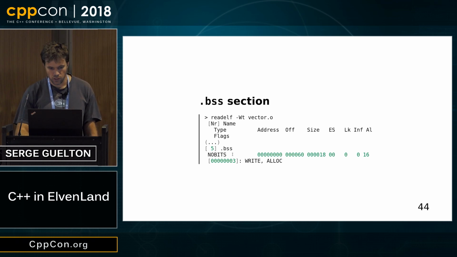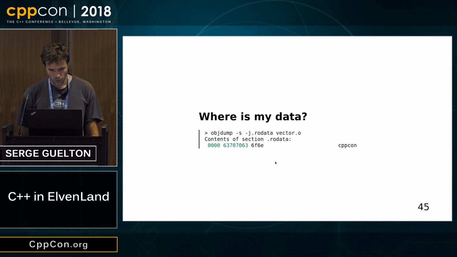That's why there is the NOBITS flag. It's writable, and it takes some size in memory. And so the initializer list that was used to initialize the vector is in the read-only data section. That's where you see this CppCon stuff.